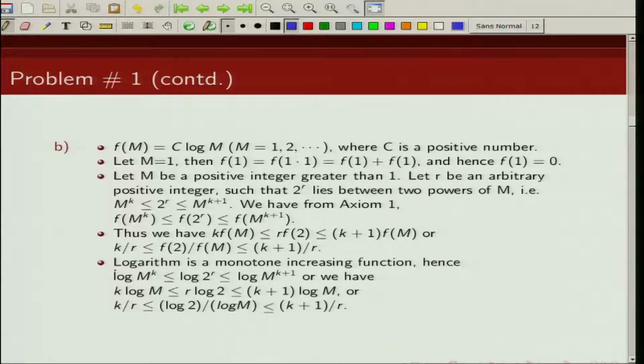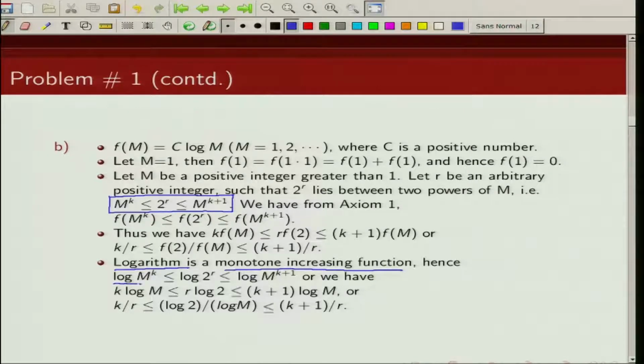Now we know that the logarithm is also a monotonically increasing function. So if we take log of this, what do we get?